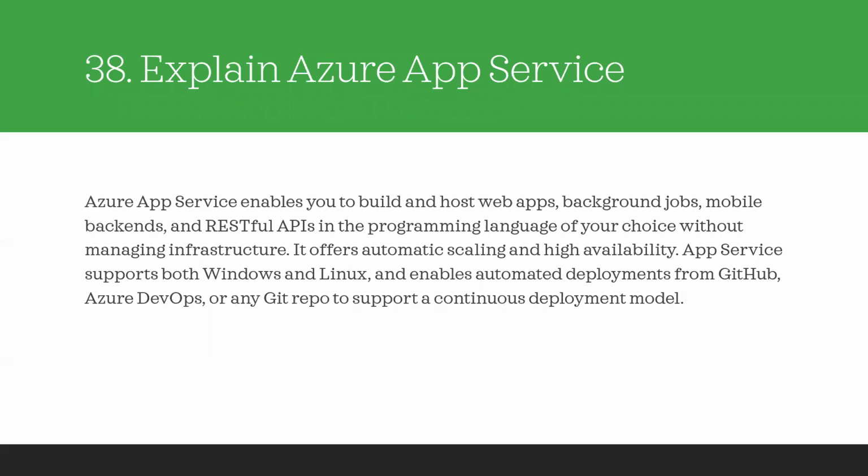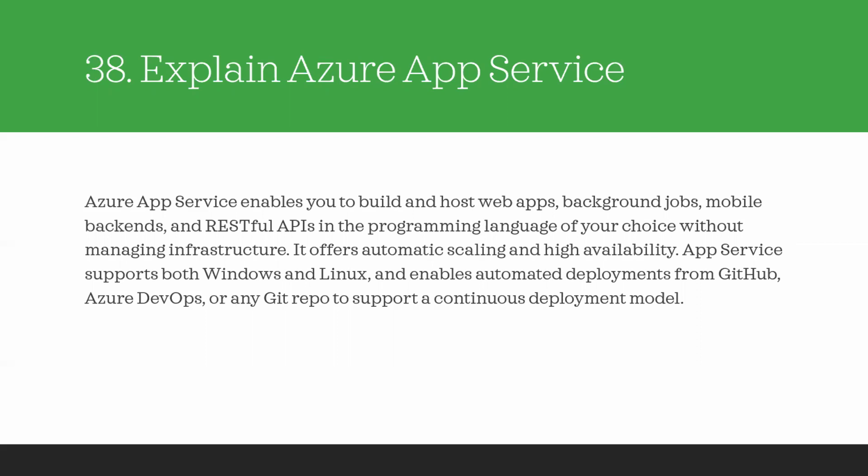Explain Azure App Service. Azure App Service is an HTTP-based service for hosting web applications, REST APIs, and mobile backends. You can develop in your favorite language, be it .NET Core, Java, Ruby, PHP, or Python.